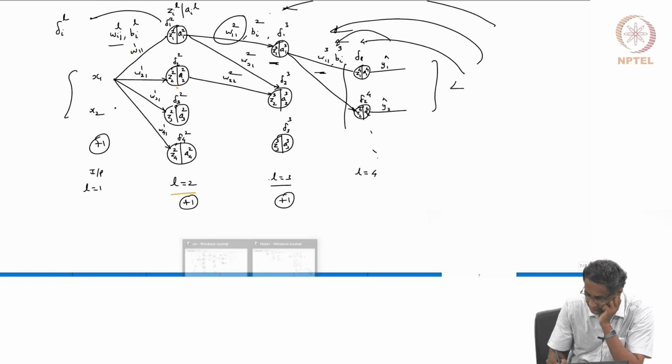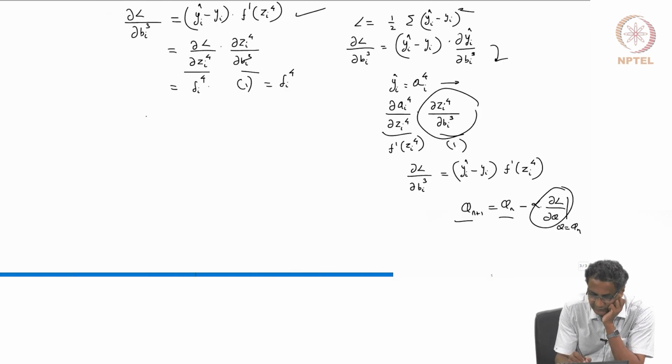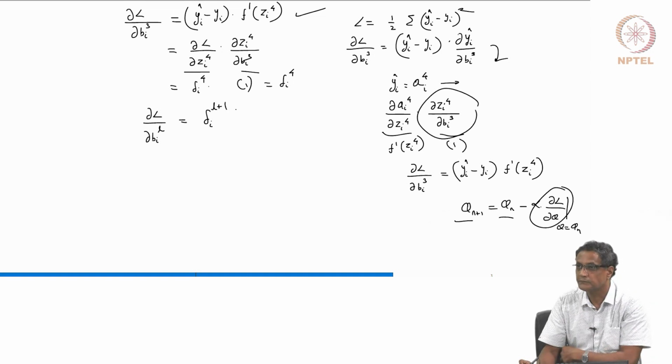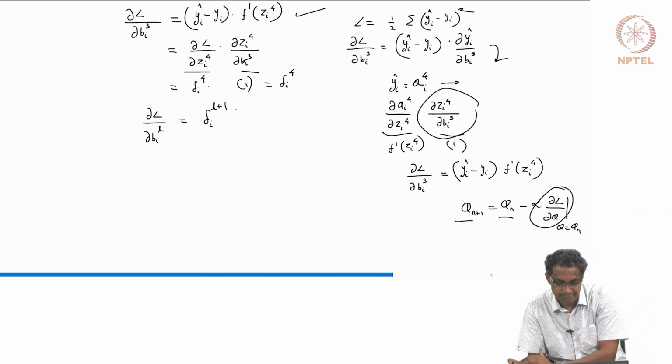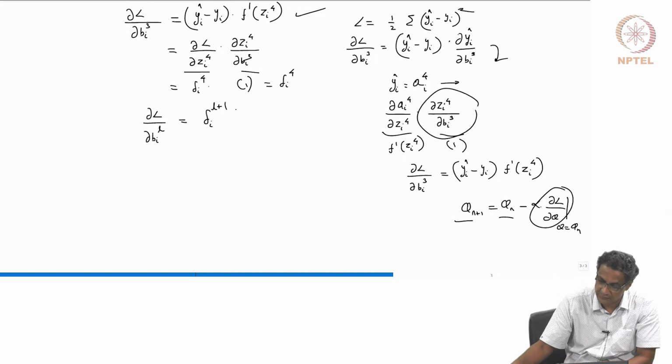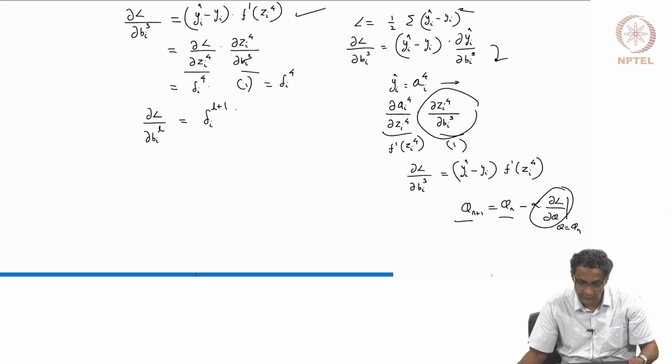And therefore, in general, ∂L/∂b_il will be delta_i(l+1). We do this once so that we know how this works, not that you do this during implementation. But I thought it's worth doing just once. So you have delta_i(l+1) for ∂L/∂b_il.